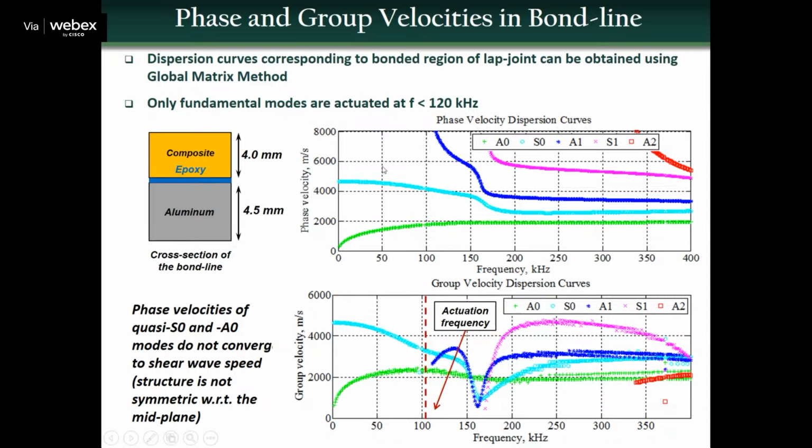So you can see only fundamental modes are actuated at frequency less than 120 kilohertz, right? So you draw a line here: you will only be looking at the fundamental modes A0 and S0 there.